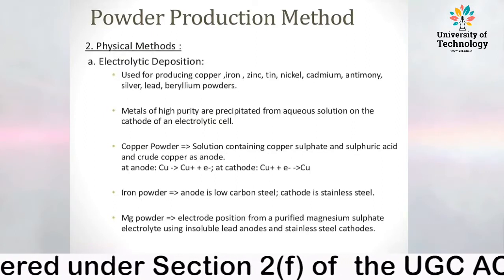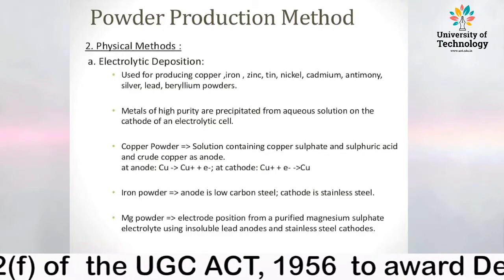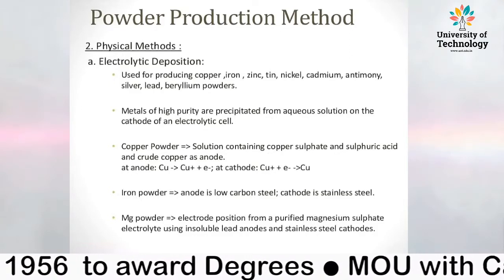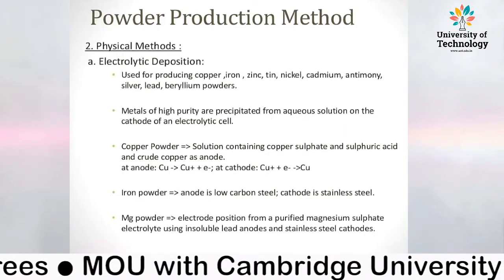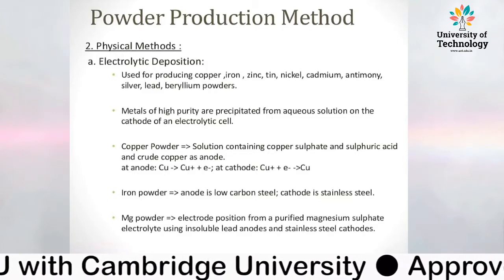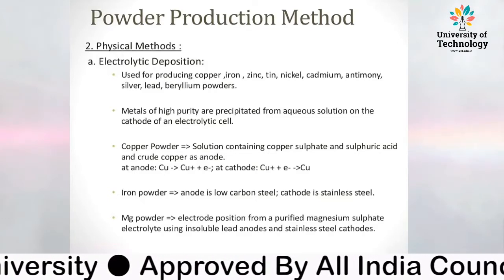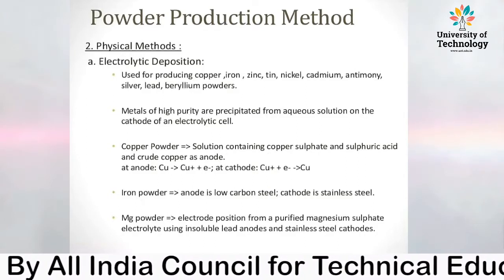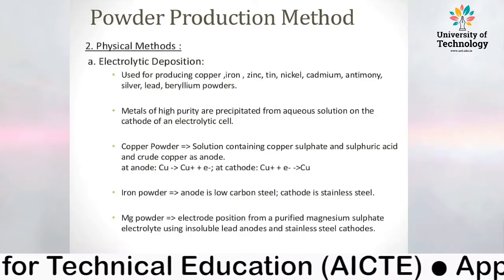Copper powder is manufactured from a solution containing copper sulfate and sulfuric acid, with copper as anode. At the anode, copper positive ions are there. At the cathode, the negative ions are there. For iron powder, the anode is low carbon steel and the cathode is stainless steel.